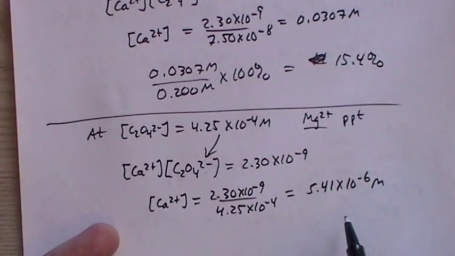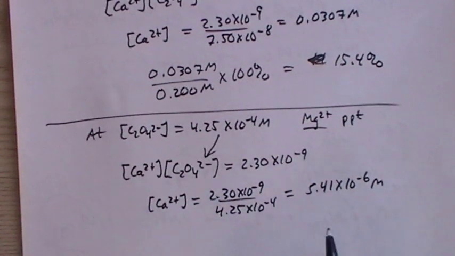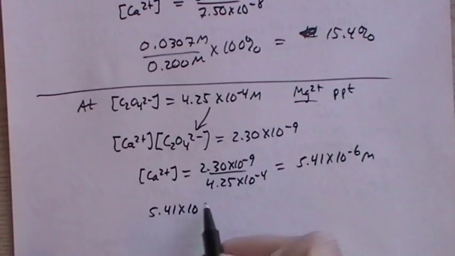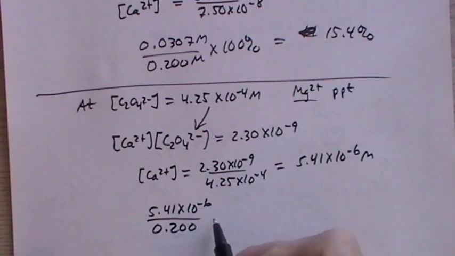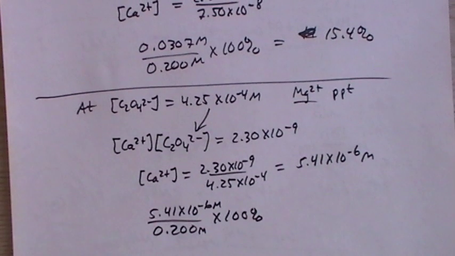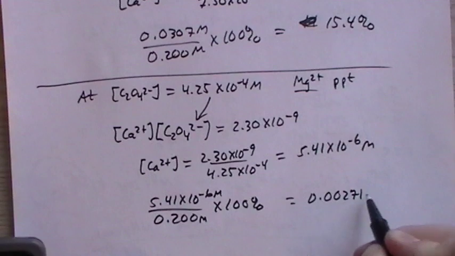Now this is the concentration of calcium when magnesium begins to fall out. Now the percentage is what I meant to say. If you want to find the percentage, divide by the original amount. So it's 5.41 times 10 to the minus 6 divided by 0.2 times 100. And we get 0.00271%.